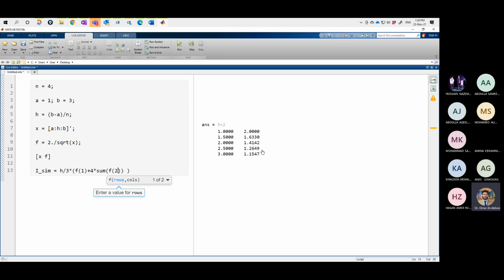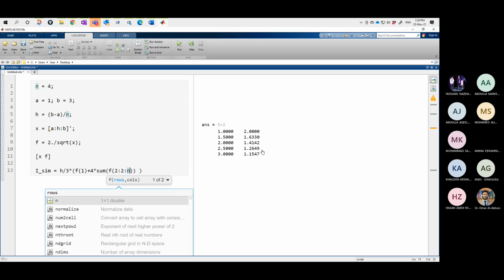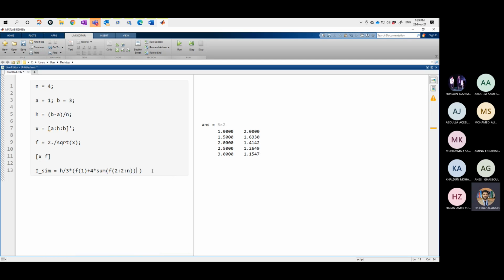Then 4, even point, 6, 8. So I can say with increment of 2 all the way to n. That gives you point number 2, point number 4, and since n equals 4, it will stop there. Those are the even points.